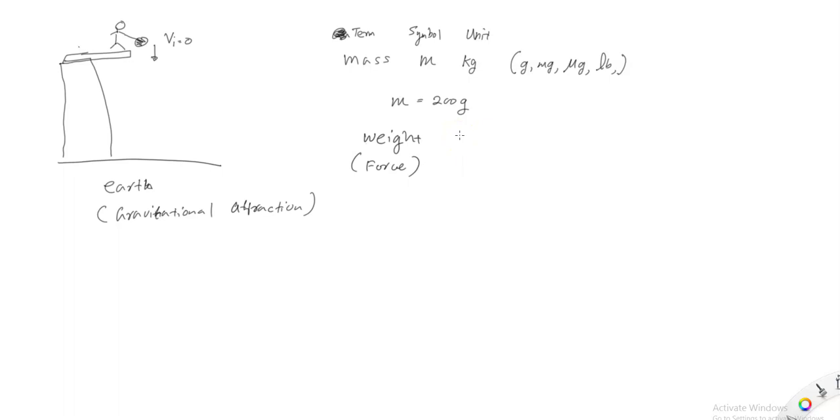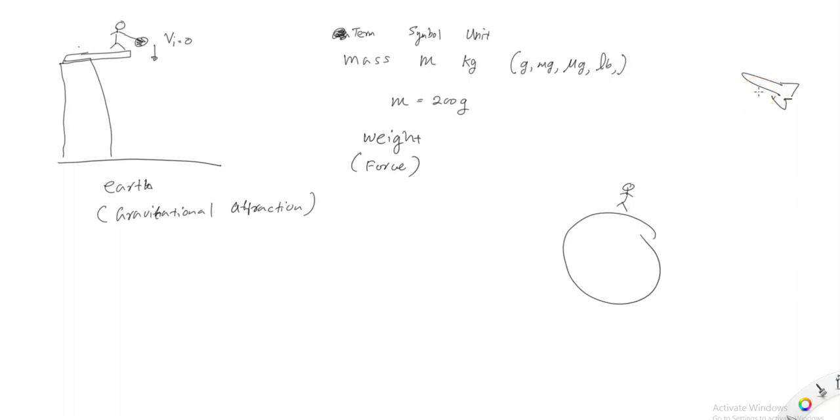If you go far away from Earth, like outer space, like here's the Earth here, you are here on the Earth's surface, you have the feeling, the influence of weight. But if you are in a spaceship very far away from this gravitational field, you might not have the feeling of weight.